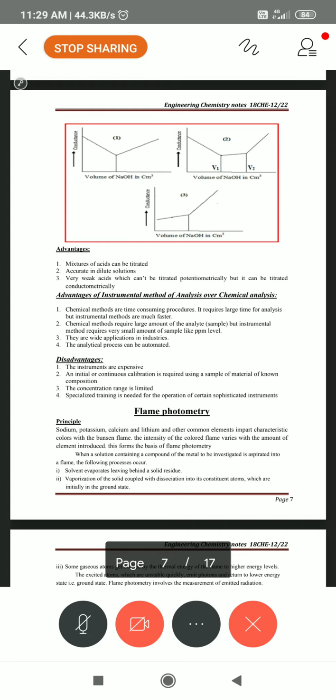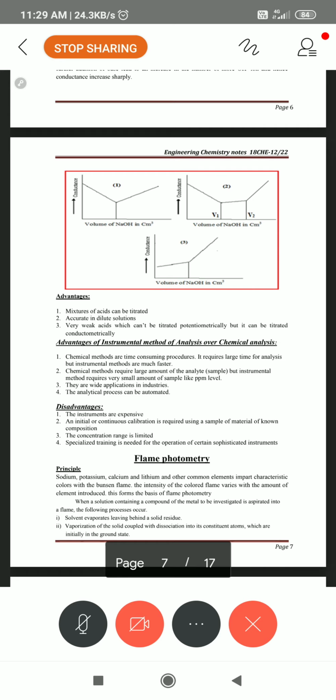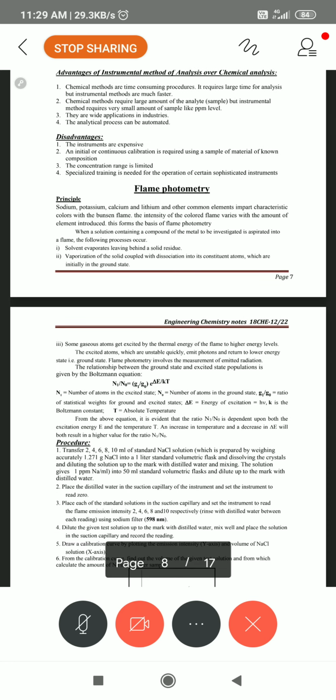For that, it is very easy for us. Instead of 2.7742, divided by 2, like equivalence, right? It means 1.271 grams, as mentioned in these notes also, of sodium chloride dissolved in 1 liter of DM water. That we can call, instead of a 1000 ppm solution, a 500 ppm solution.